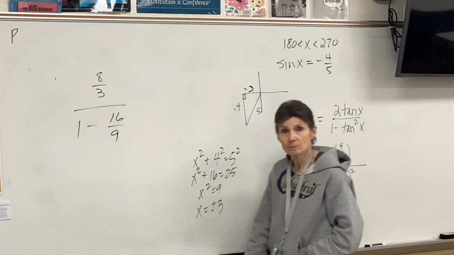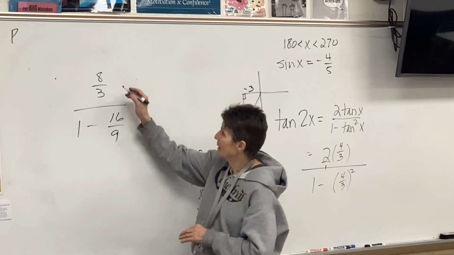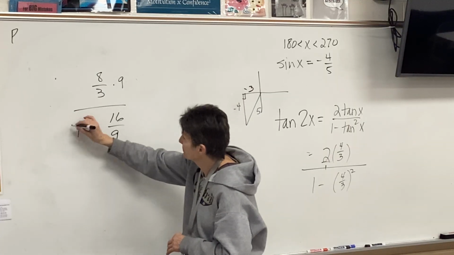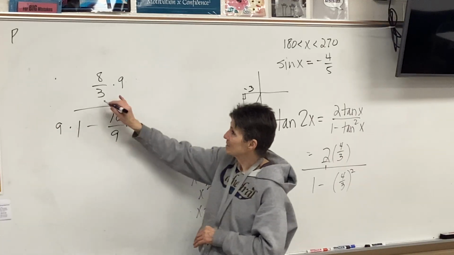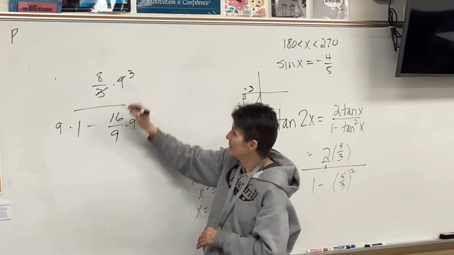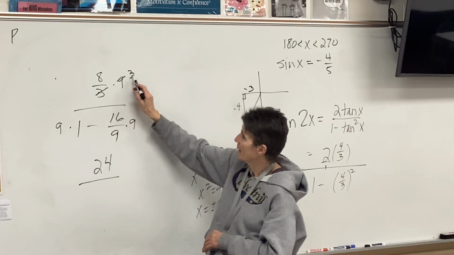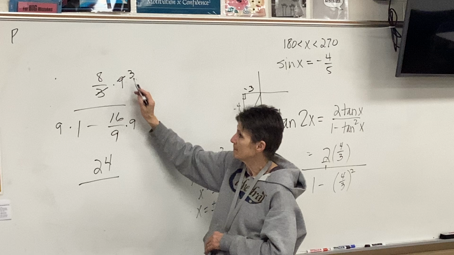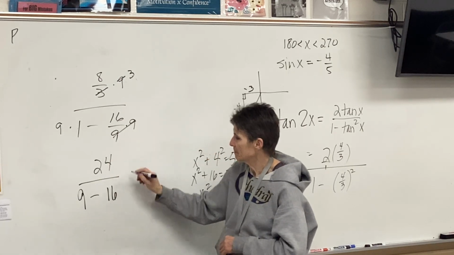So now I'm going to multiply everything. You can do this however you like. I'm going to multiply everything by 9. That's going to cancel this denominator and make 24 on top, because when I cancel 3 into 9, I have 3 left, times 8. Down here I have 9 minus 16.